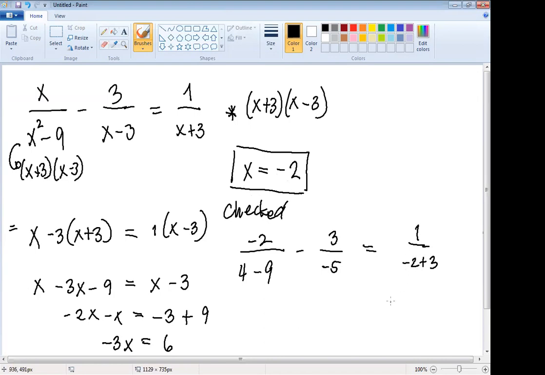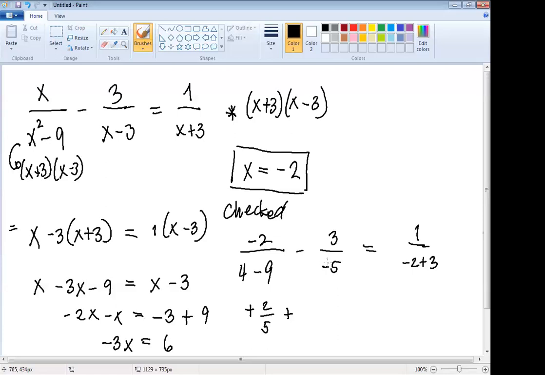So we will have negative 2 over negative 5, plus, because negative times negative becomes positive, 3 over negative 5, negative divided by negative becomes positive.